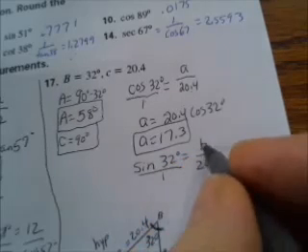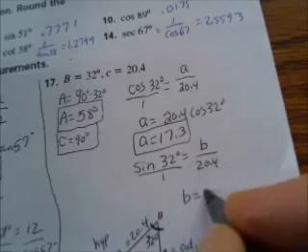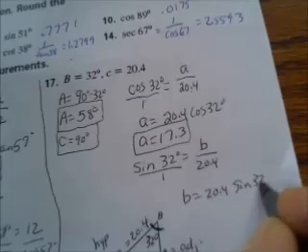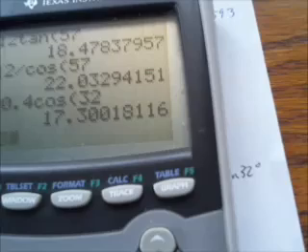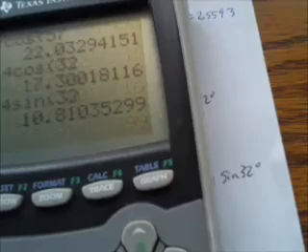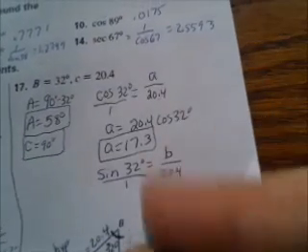Put a 1 underneath. B times 1, which is B, is equal to 20.4 times the sine of 32 degrees. So we take out our calculator, 20.4 times the sine of 32 degrees, and it looks like it's 10.8 if you round it to the nearest tenth.